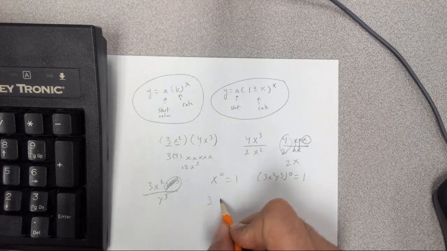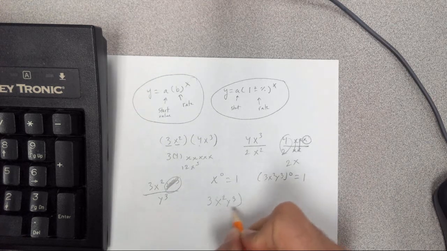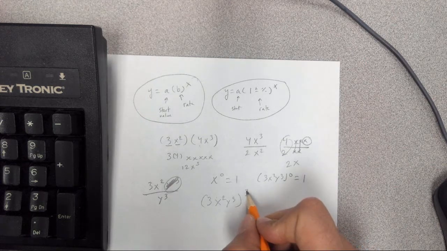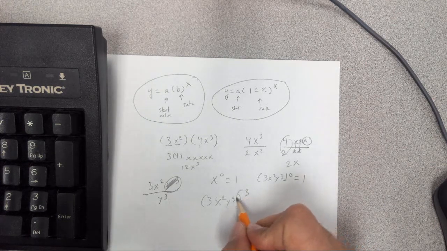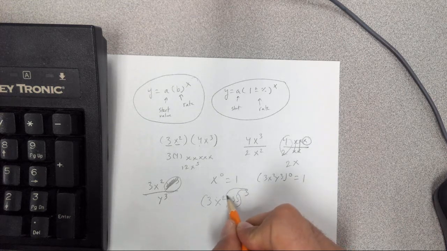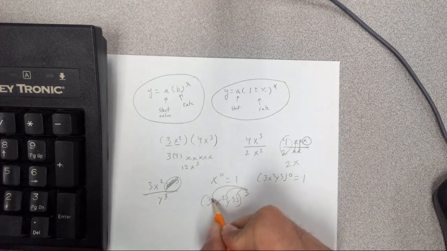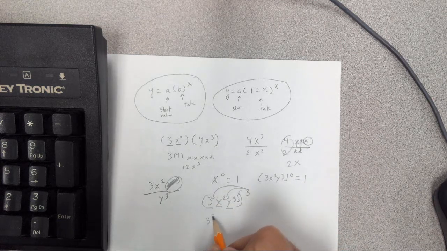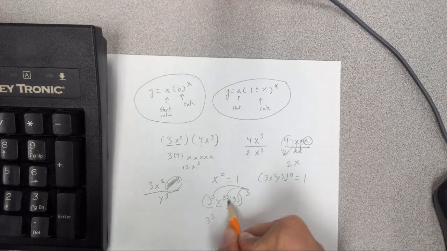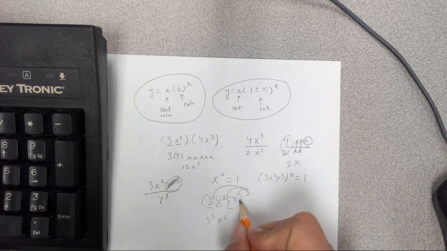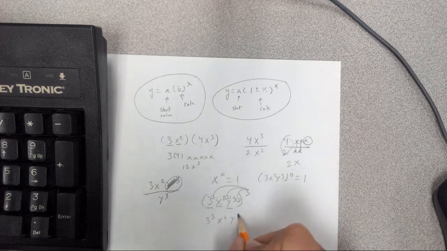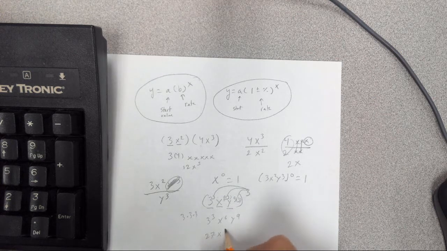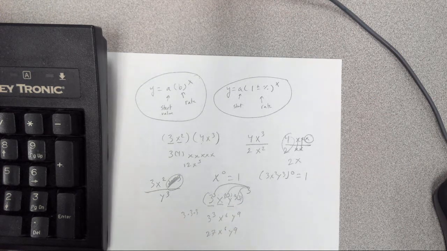If I have 3x squared y cubed and I put a 3 out here, then that 3 goes to the top of everything inside the parentheses, everything that's a whole. So this becomes 3 to the 3rd power. These two are next to each other, they multiply: x to the 6. These are next to each other, they multiply: y to the 9. 3 cubed is 3 times 3 times 3, which is 27. These are the main rules to remember for this test.